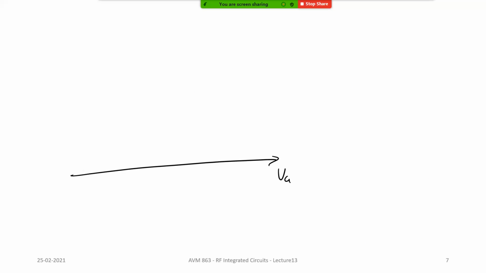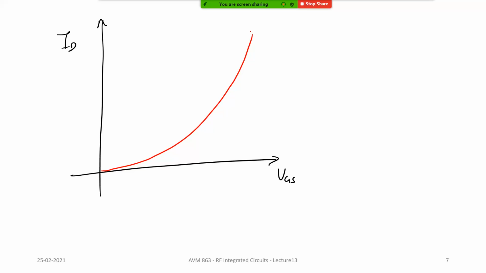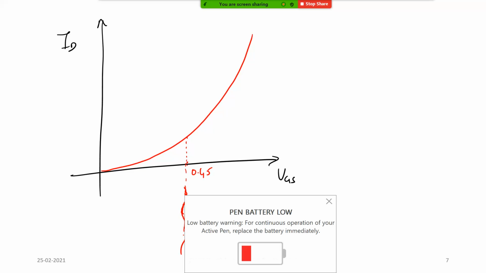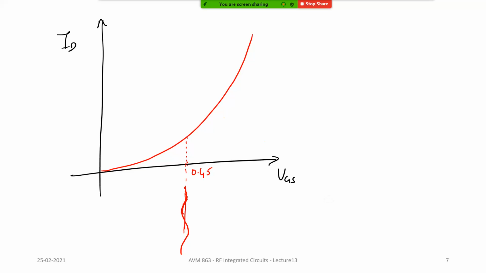Let's say this is my VGS, this is my ID, and as I mentioned, it is going to be a quadratic dependence. Let's say I am going to bias it here. Let's say this is 0.45. Now I have a small sinusoidal signal riding on top of this bias, right? Now what will happen to the current here?